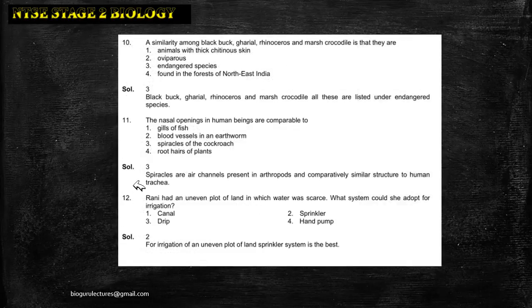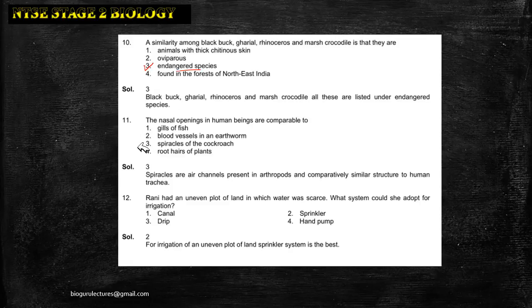Next question: a similarity among blackbuck, gharial, rhinoceros and marsh crocodile is that they are, so obviously there could be some reason of endangered given by the Red Data Book. Next, question 11: the nasal openings in human beings are comparable to gills of fish, blood vessels in an earthworm, no. Spiracles of cockroach, root hairs of plants.